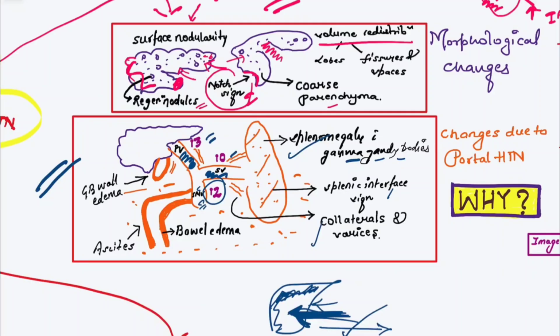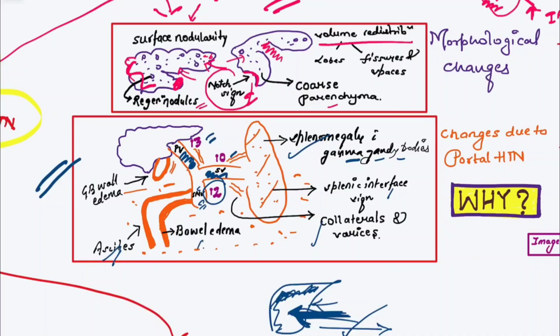There is development of collaterals and varices because the flow is no more hepatopetal but it becomes hepatofugal. So to drain this blood, the portosystemic collaterals now open and their flow becomes reversed. Okay, next is ascites.